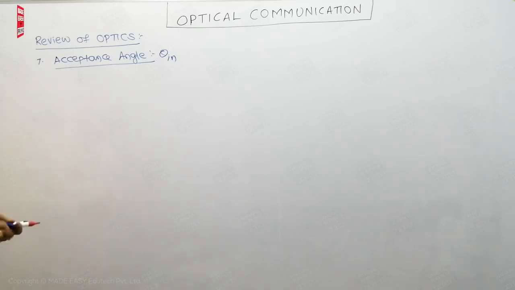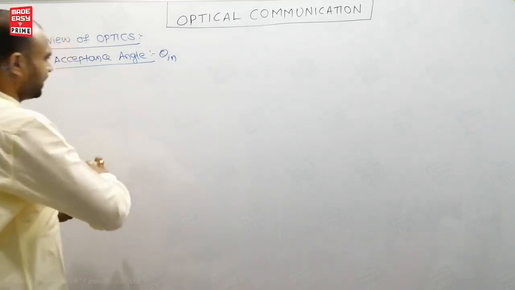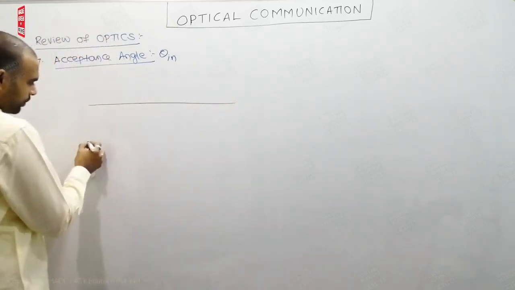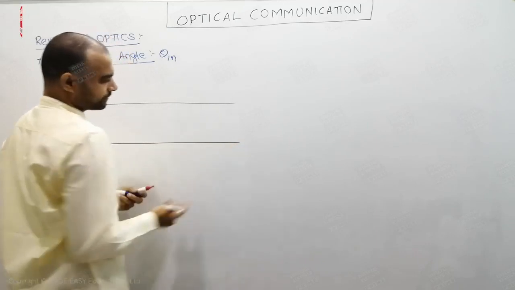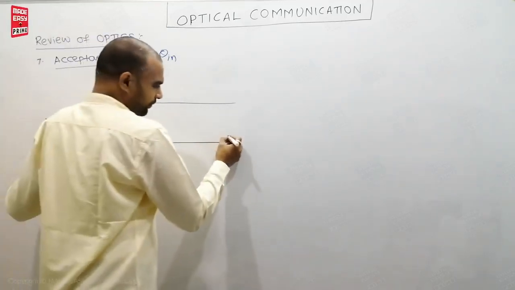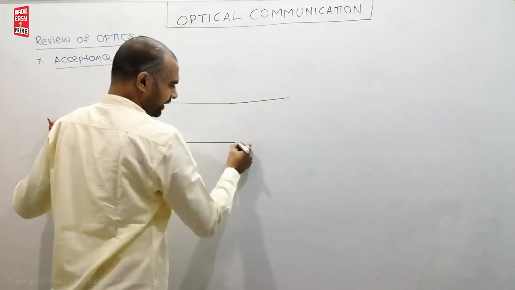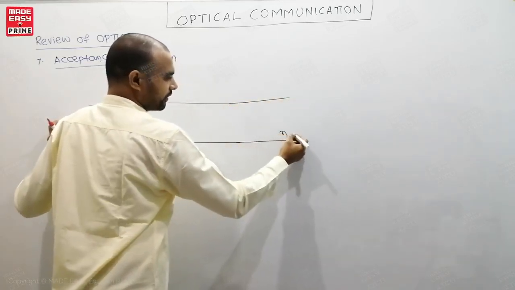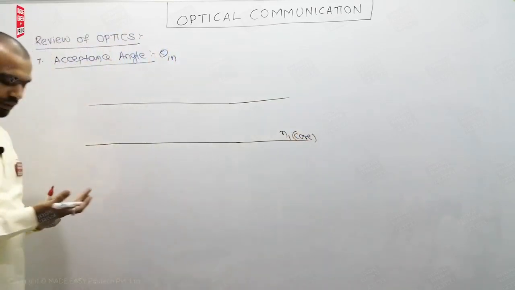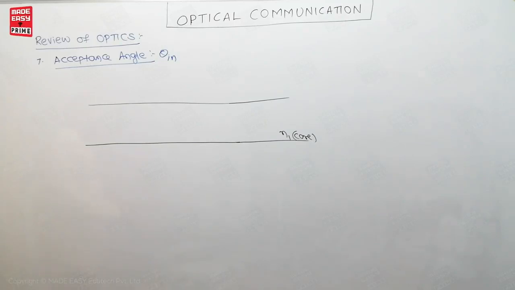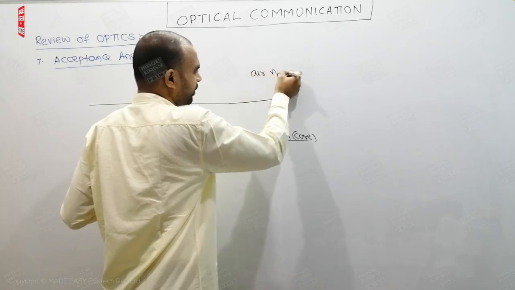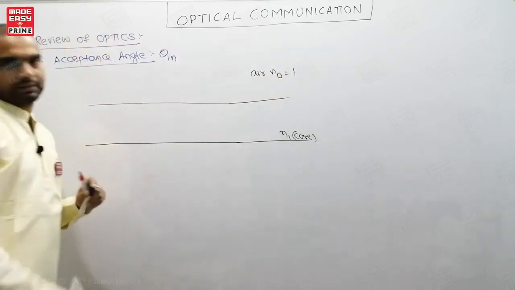Now see here, we are considering the core of the fiber, whose refractive index is N1, which is called the core. This core was manufactured using glass. The outer one we are seeing is nothing but air, whose refractive index N0 is equal to 1.